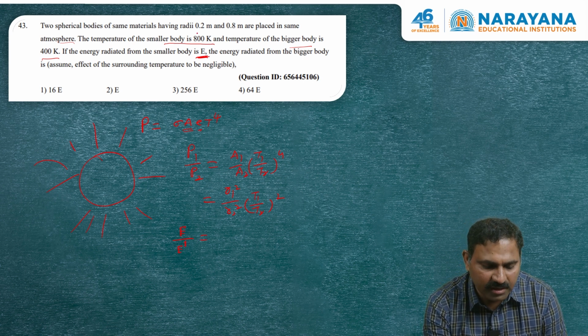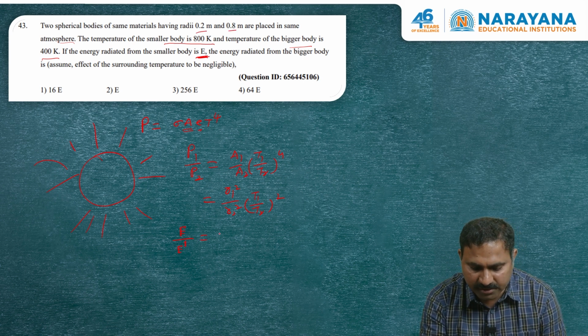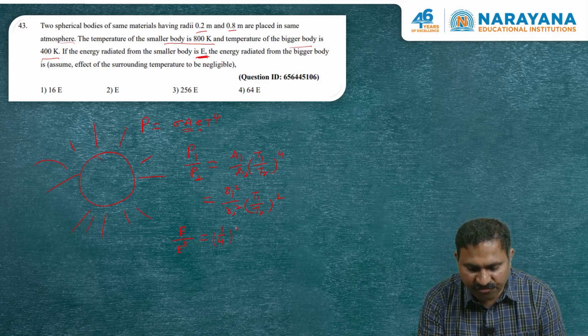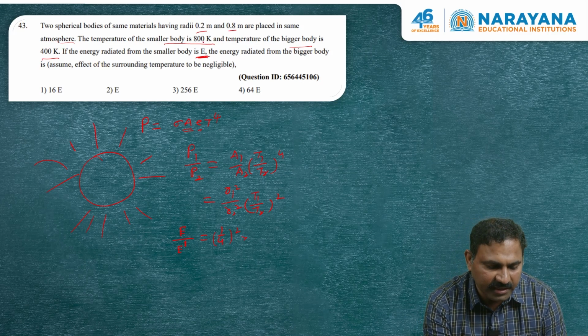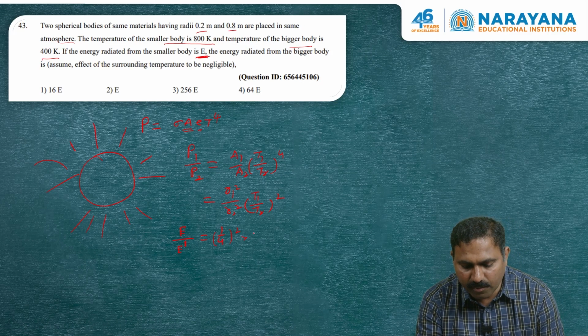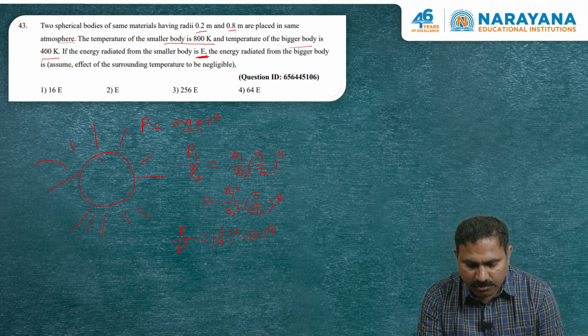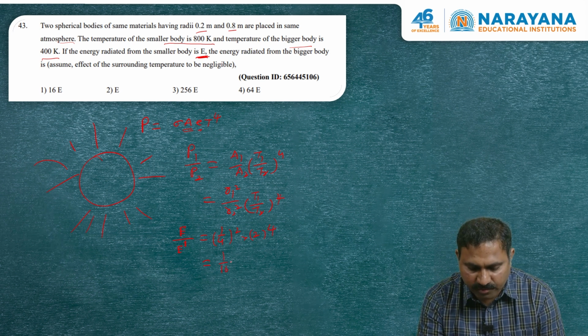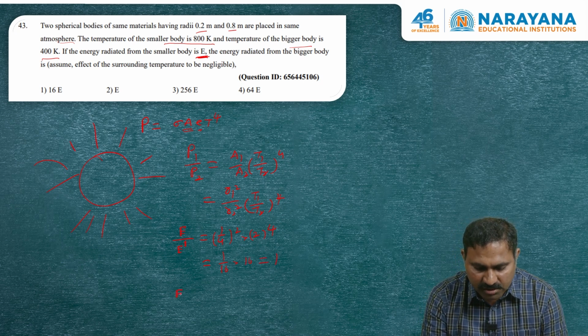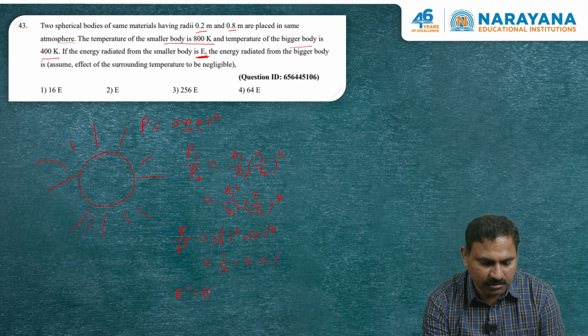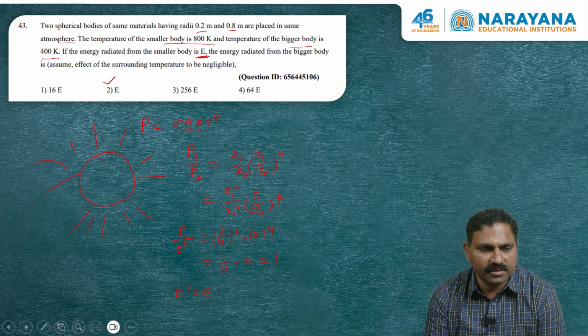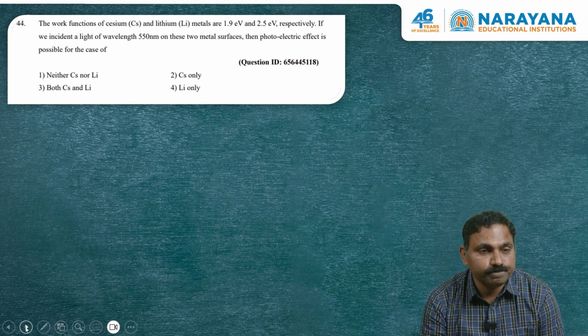For smaller body 0.2, for bigger 0.8. So this is 1 by 4 whole square into T1 by T2, which is 800 by 400, this is 2 power 4. 1 by 4 whole square is 1 by 16, 2 power 4 is also 16, ratio is coming out to be 1. So E prime equal to E. So this is given with second option. Let us go to the next question.